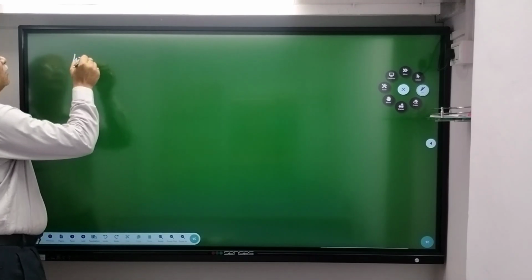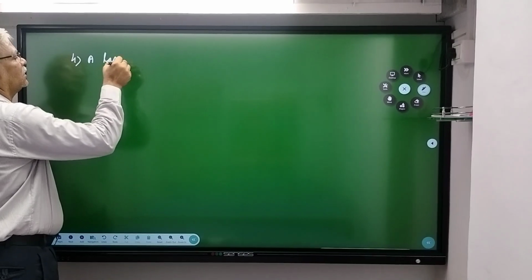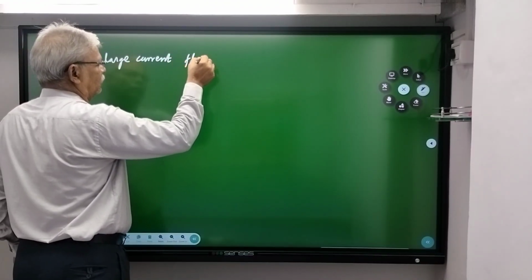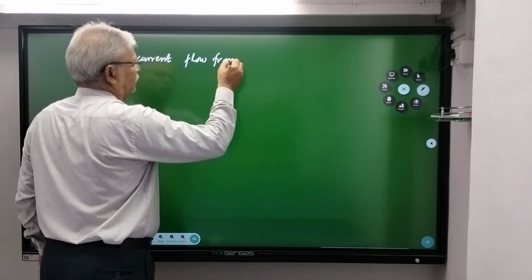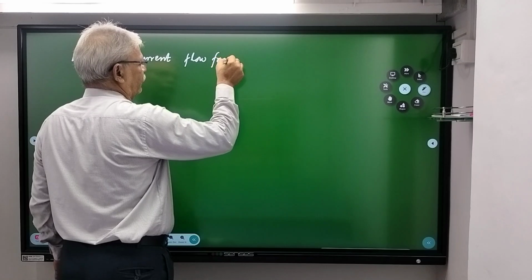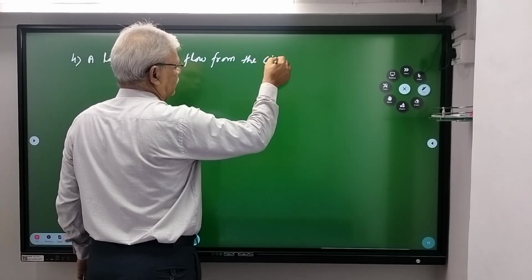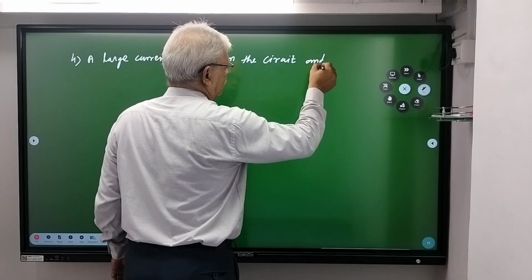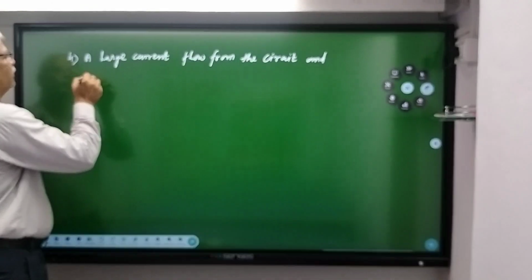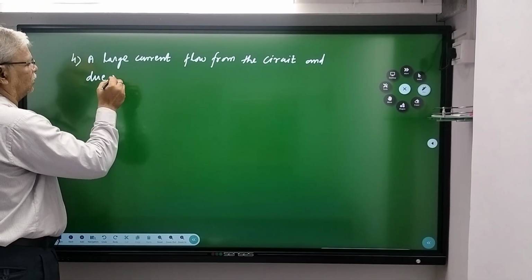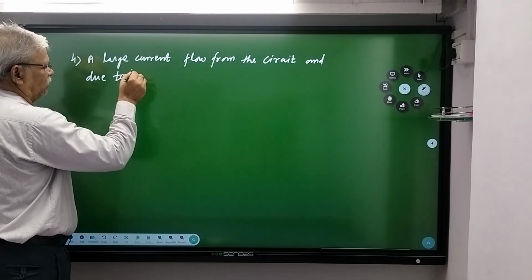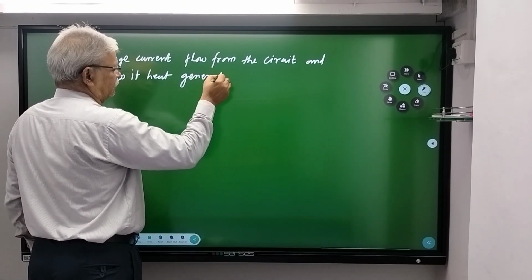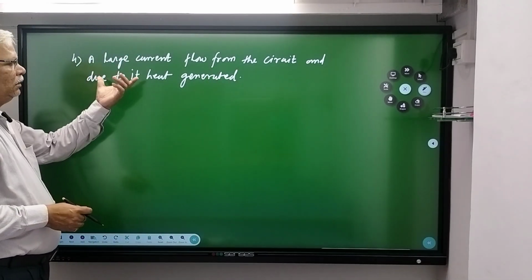Fourth point. A large current flows from the circuit and due to it heat is generated. Okay, due to heat generated.